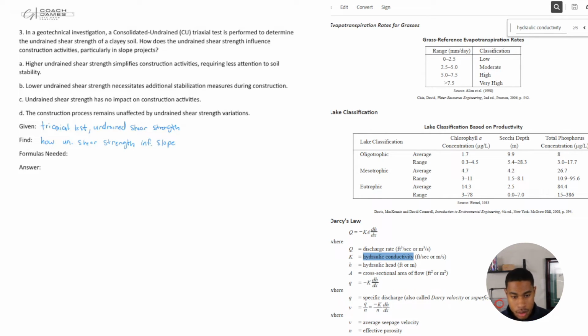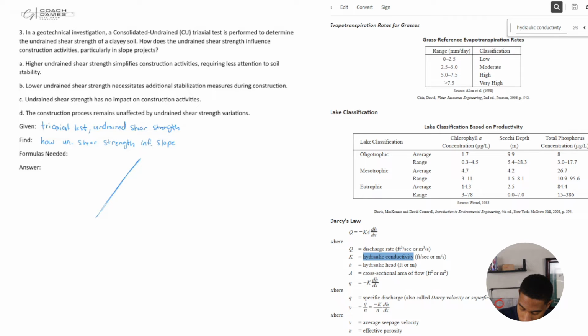All right. So what formulas might you need for this? Based on my answers, higher undrained shear strength simplifies construction activities, so less attention to soil stability. So we need to see what happens with slope projects first.